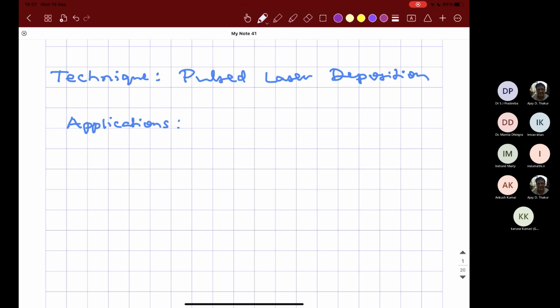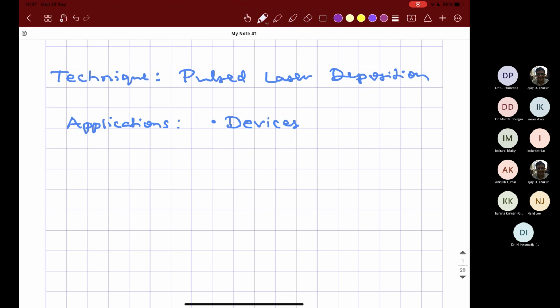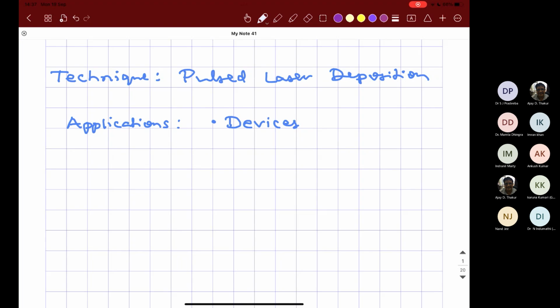They are used for making devices of all kinds. All of us are aware of devices made on silicon as a substrate, following the process steps of lithography and eventually ultra large scale integration, which is powering most of our electronics, right?